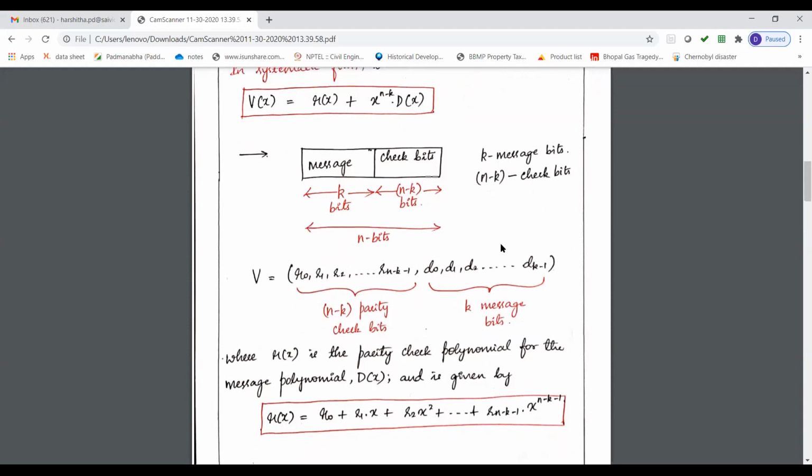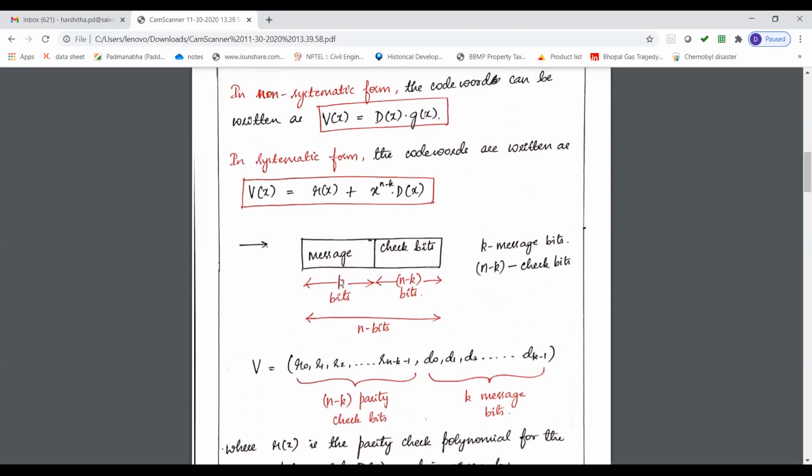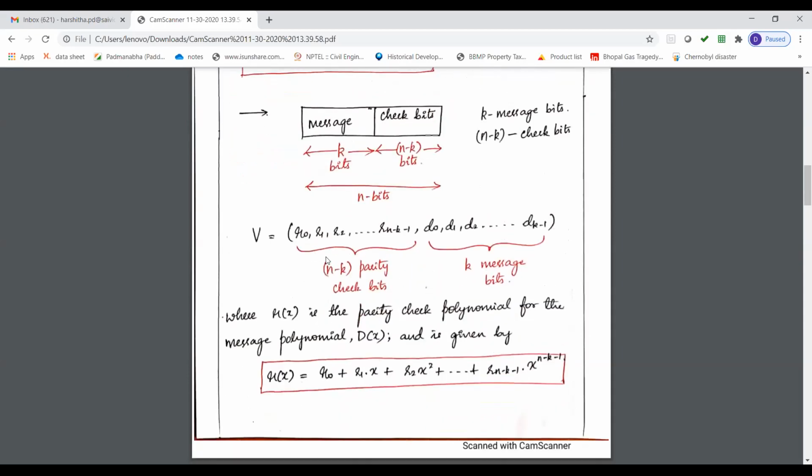This code vector is represented in the systematic form like this. See here, first will be the remainder, indicated by the parity check bits.